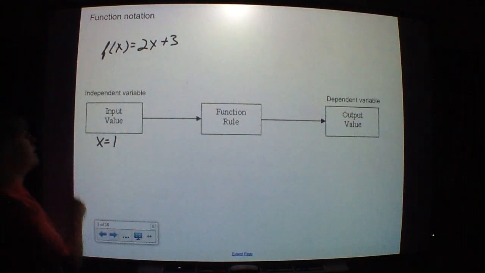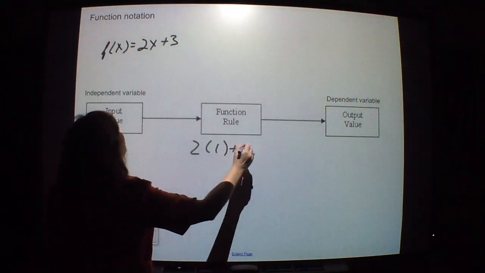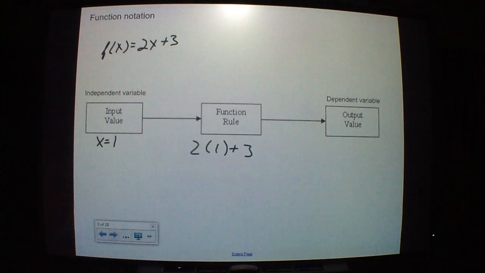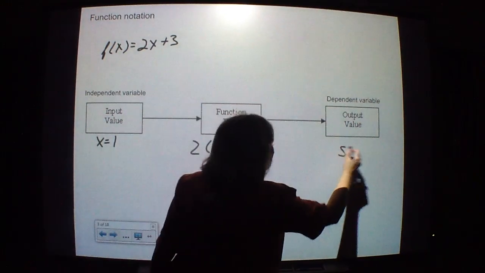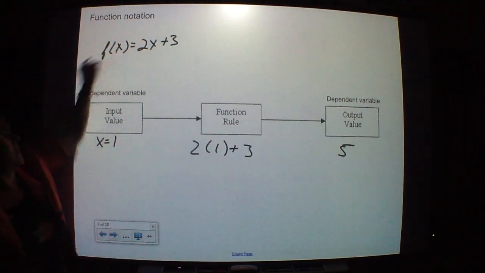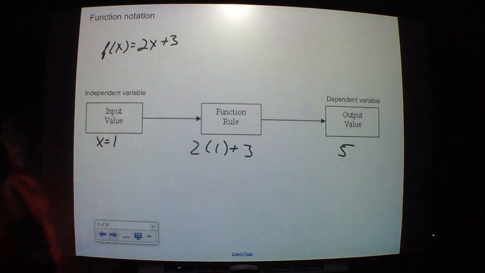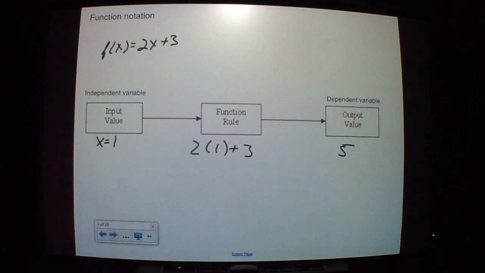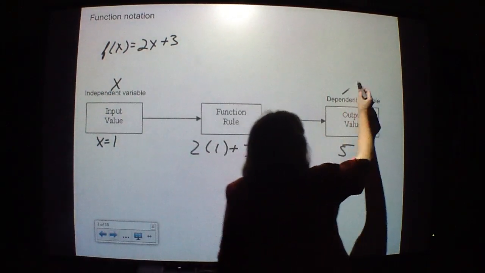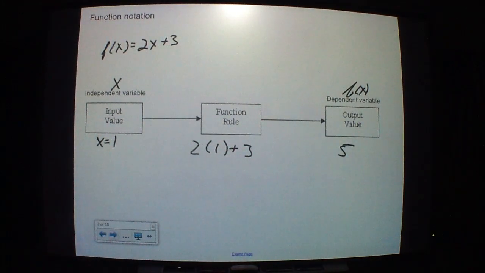I put that 1 into that rule, so 2 times 1 plus 3, and I get out of it a 5. So what I get out, the f of x, the y is my dependent, the x, what I put in, is my independent. So I'm putting an independent variable x into it, I'm getting my dependent f of x. It's dependent on the value of x.